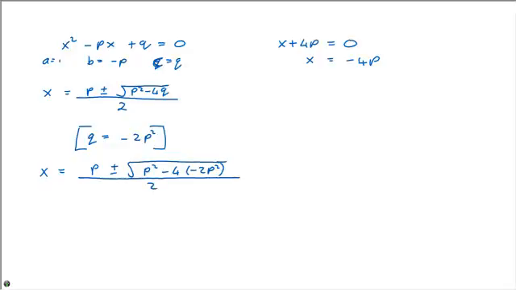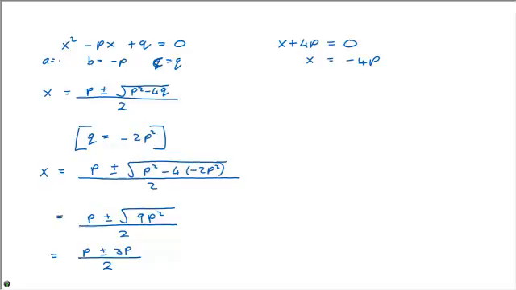You can start to see there that it's going to work out quite nicely, because underneath the square root you're going to have a perfect square. So you just need to break up the 2 roots.